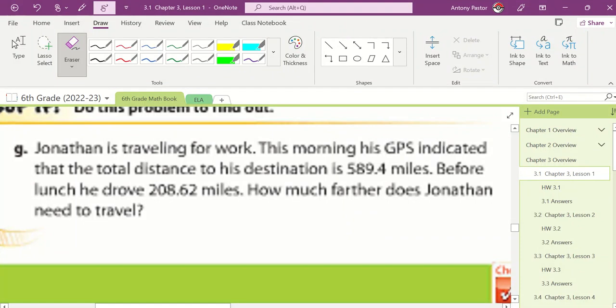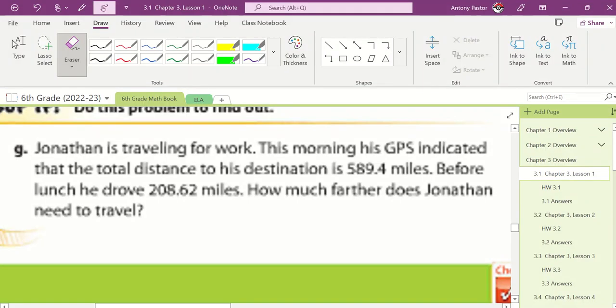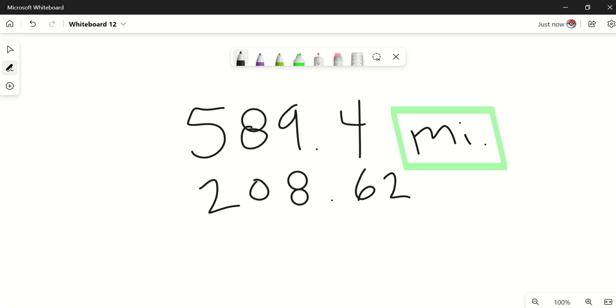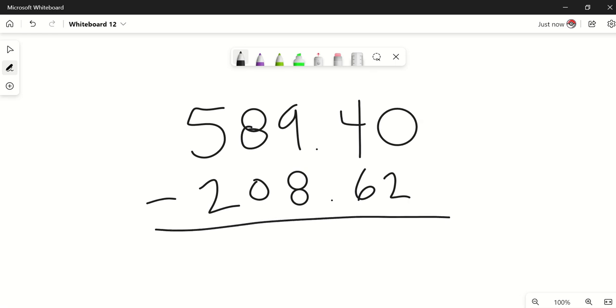Before lunch, he drove 208.62 miles. 208.6, and I believe he said 62 miles. I'm going to erase this miles over here, because if this is a subtraction problem, like I'm guessing, I am going to need to put a placeholder 0 here.